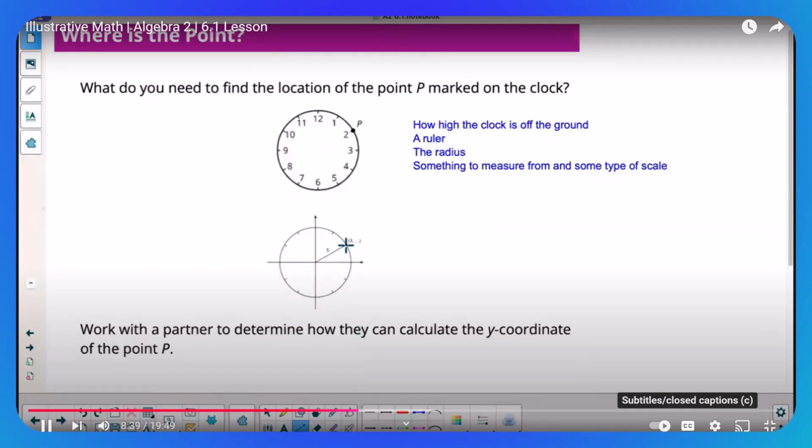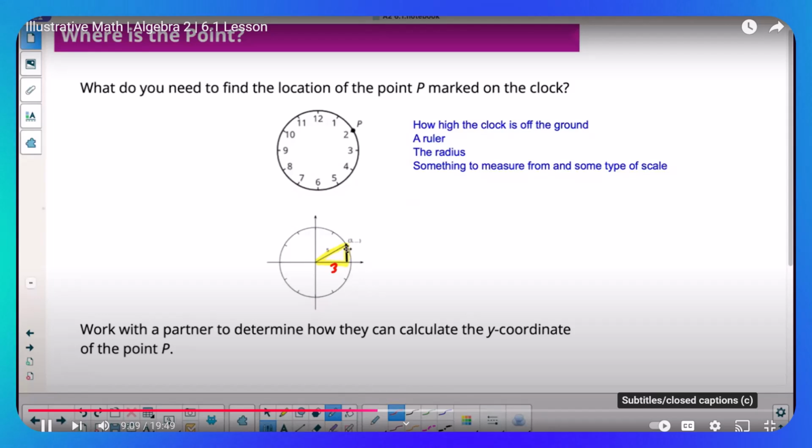If I can make this into a right triangle, if I look here, this is my right triangle. I'll highlight it. Right triangle. The hypotenuse is 5. The x-coordinate is 3 because you can get it right there from the coordinate.